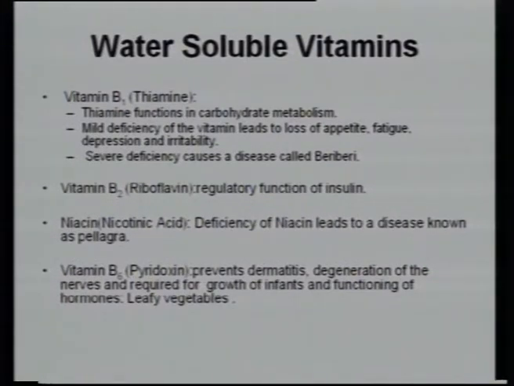Vitamin B2 is riboflavin, it regulates the function of insulin. Then niacin, its deficiency causes the disease pellagra. Vitamin B6 prevents dermatitis and degeneration of nerves, and it is particularly required for the growth of infants and functioning of hormones, and this is present in leafy vegetables.